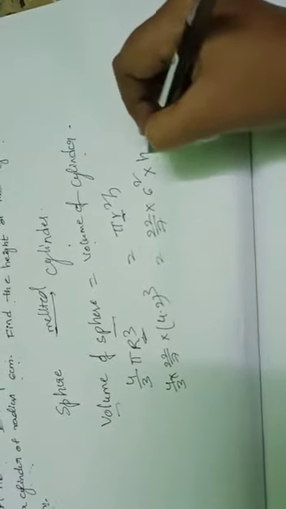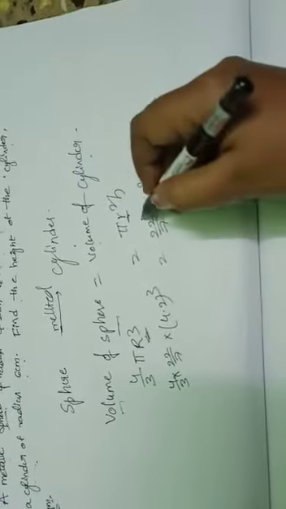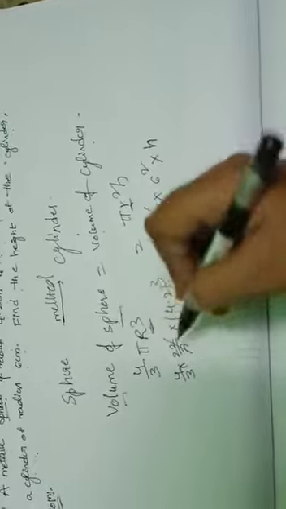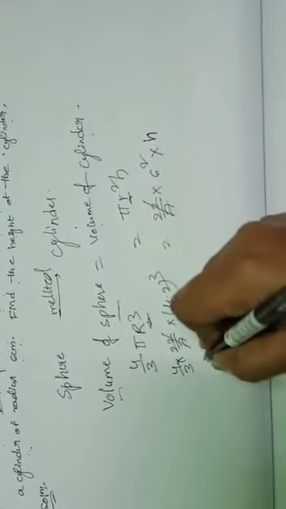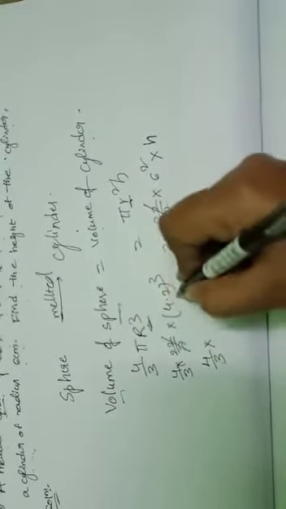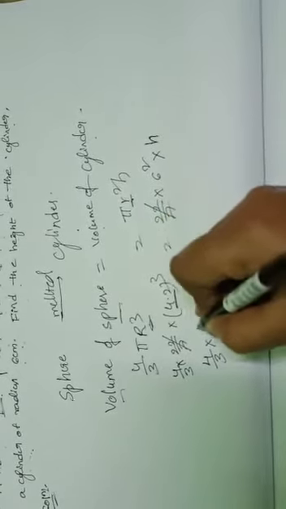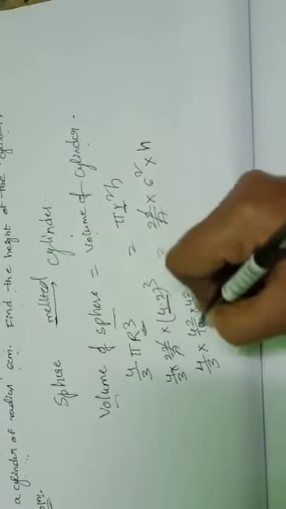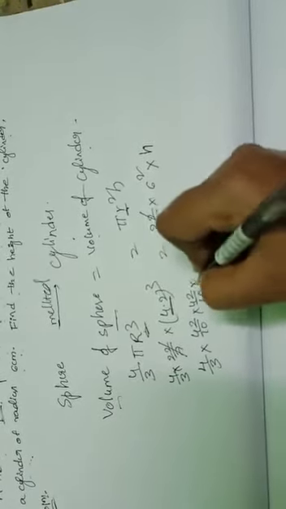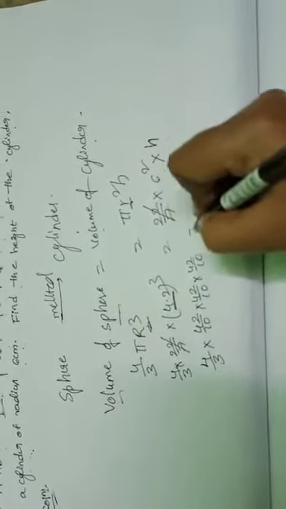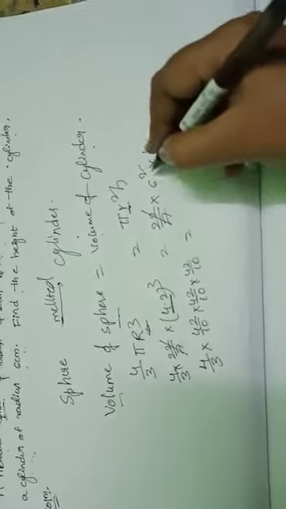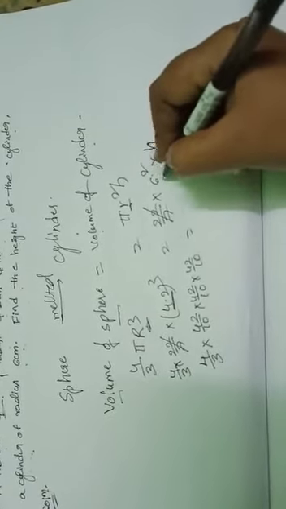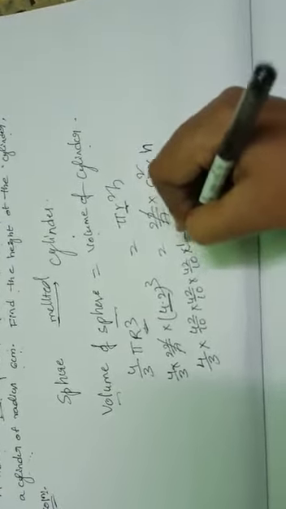Here we have to find the height of the cylinder. 22 by 7 get cancelled. 4 by 3 into 4.2, write it as 42 by 10 whole cube, right? 3 times 10. 6 square is 36, and 36 comes to this side as divided by 36.